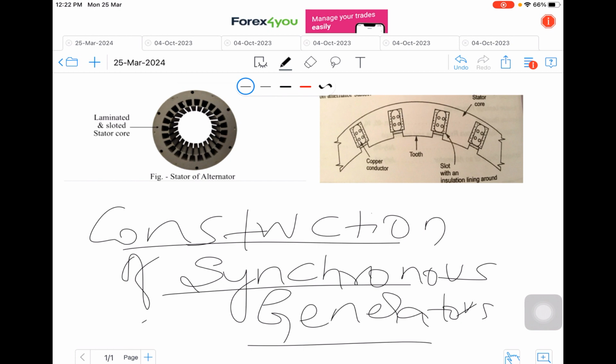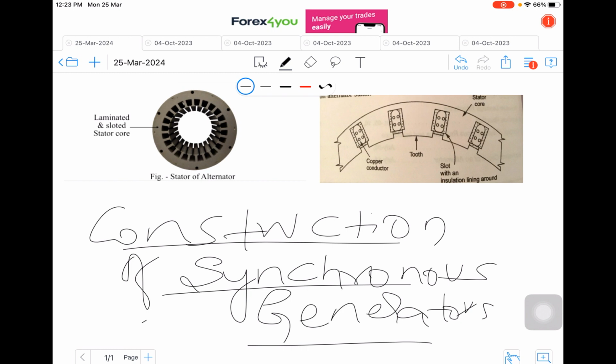When we compare synchronous generators with DC generators, the main difference is that in the DC generator, the field is kept stationary and the armature is made to rotate. But in the case of an alternator, it is vice versa. The field is rotating and the armature is made stationary.